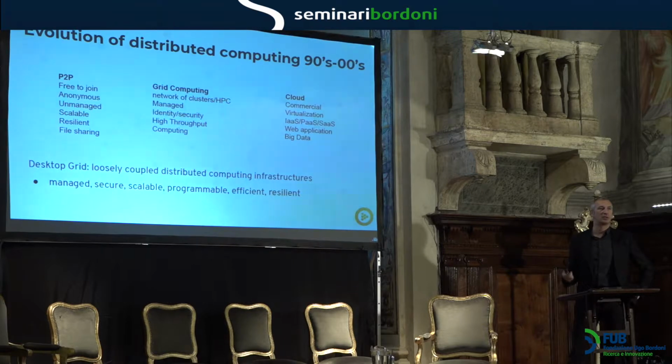So desktop-grid computing, as the name does not exactly suggest, is not only about desktops. It's really about putting together some distributed computing infrastructure, I would say loosely coupled, in the sense that you may or may not have a permanent connection. You may have trusted resources, untrusted resources, and what you try to do is create a sort of coherent view of everything.